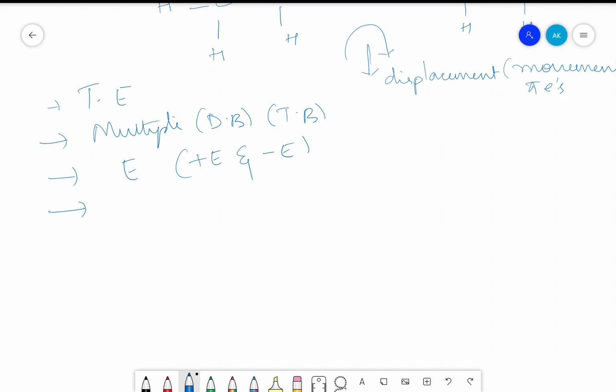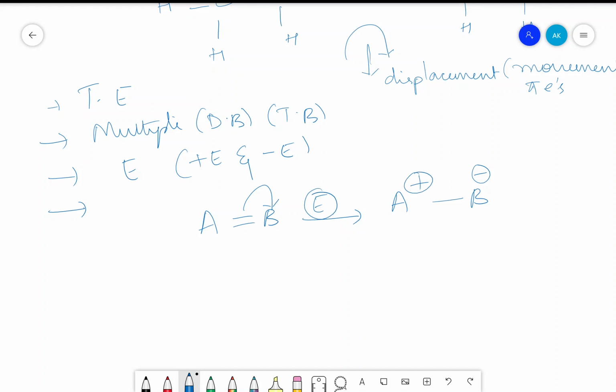If the attacking reagent is withdrawn without the reaction being allowed to take place, it means that, for example, we have represented A double bond B in the presence of a reagent E. So this is displaced here, we are getting A positive, B negative.